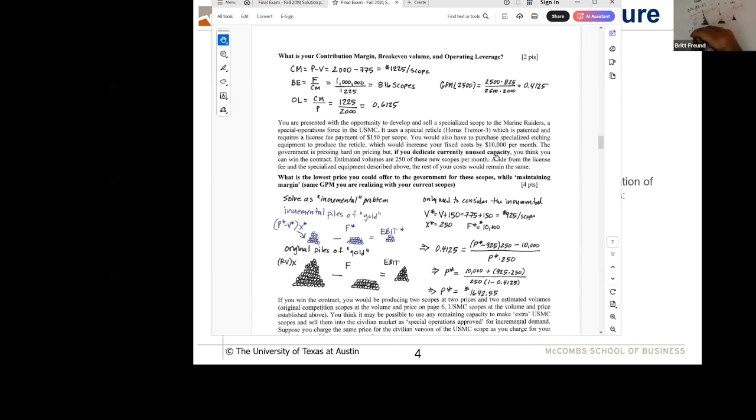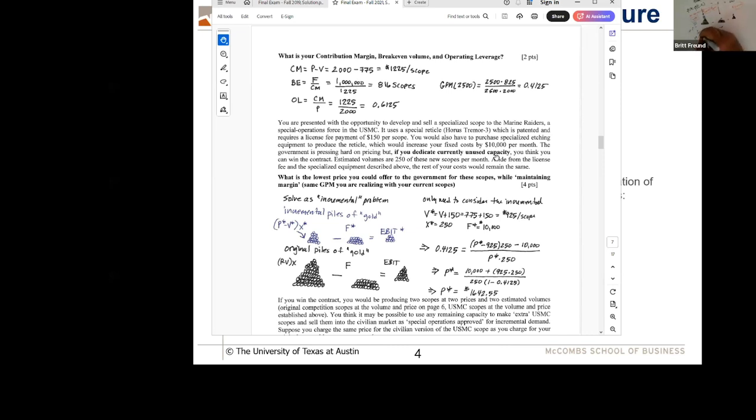So I've got a new variable cost for a Marine Corps Raider scope. What's that? 875, 925. So my new variable cost is $925 instead of $775. Okay? I don't know what price I have to charge the new Marine Corps.